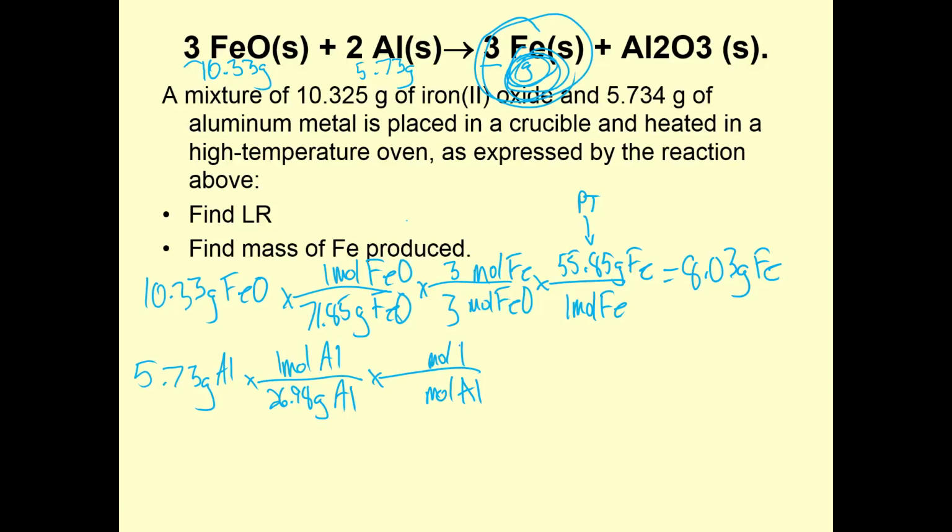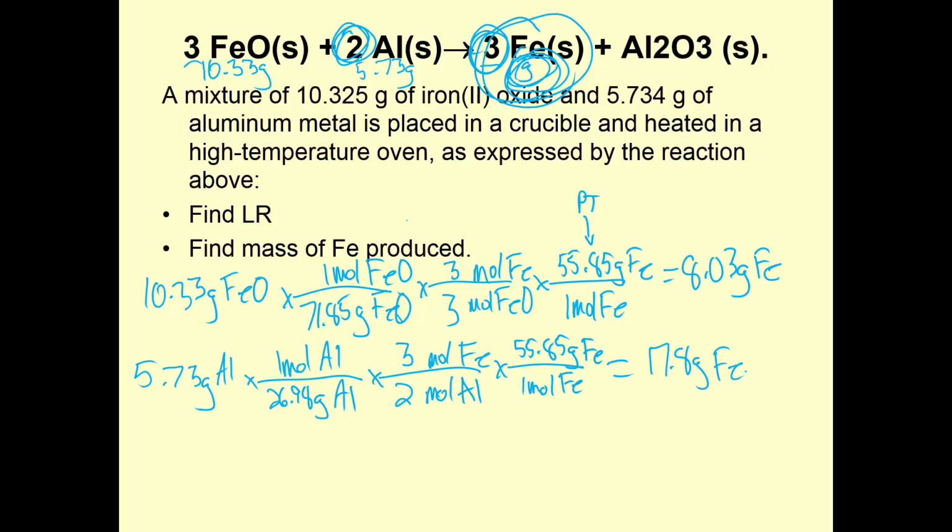First I go into moles of iron. Coefficient for iron is 3. Coefficient for aluminum is 2. And then 1 mole of Fe is 55.85 grams of Fe. And then do the math. 5.73 divided by 26.98 times 3 divided by 2 times 55.85. I get 17.8 grams of Fe.